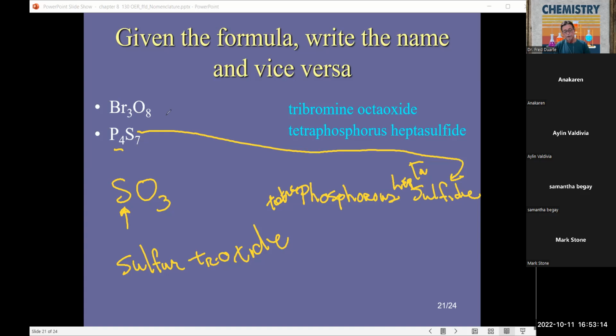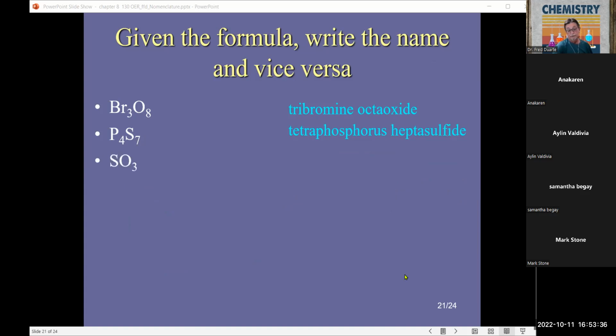When sulfur is bonded to the central atom versus when sulfur is the central atom. Okay, and that would be true for any element that acts as the central atom. Its name is whatever its name is in the form of an element. All right, like that one, sulfur trioxide. Okay. And then you also have SO2, which is sulfur dioxide.